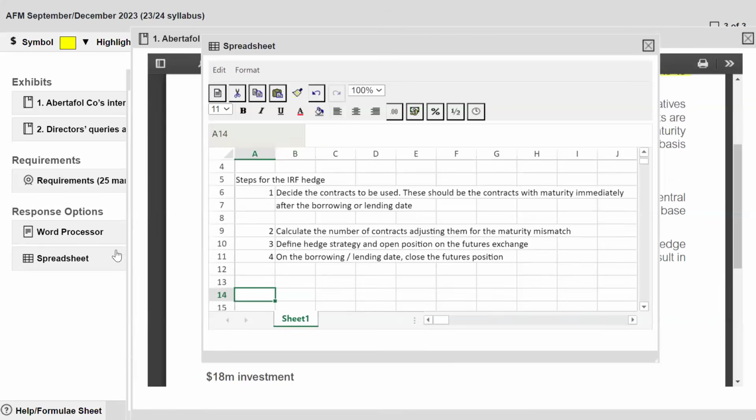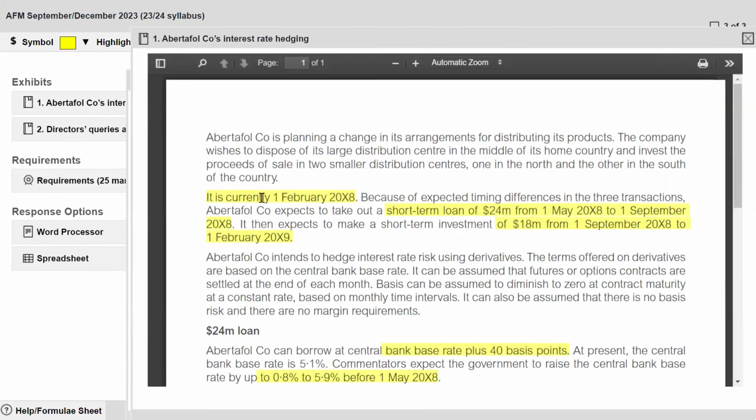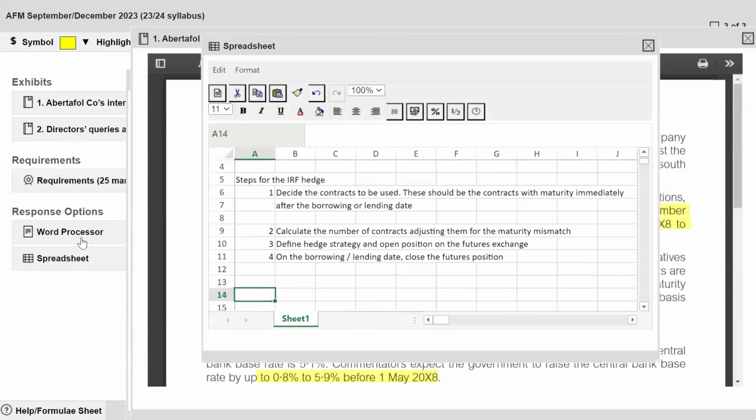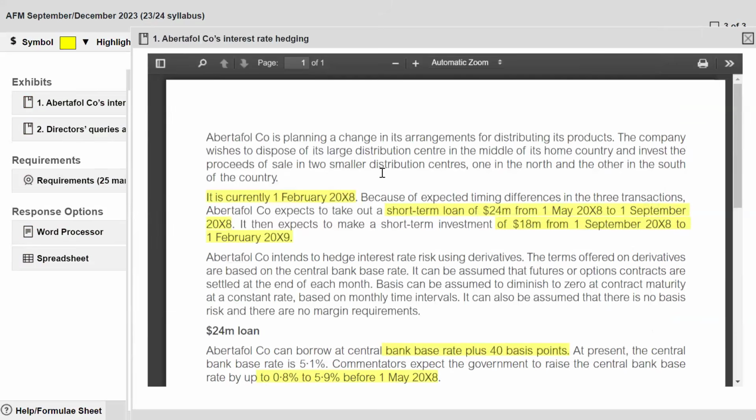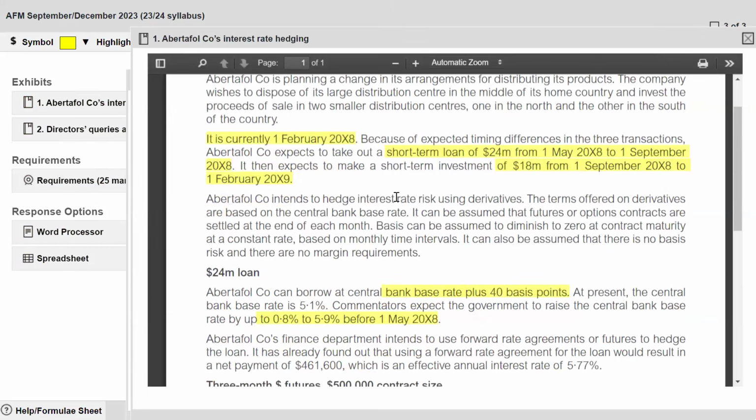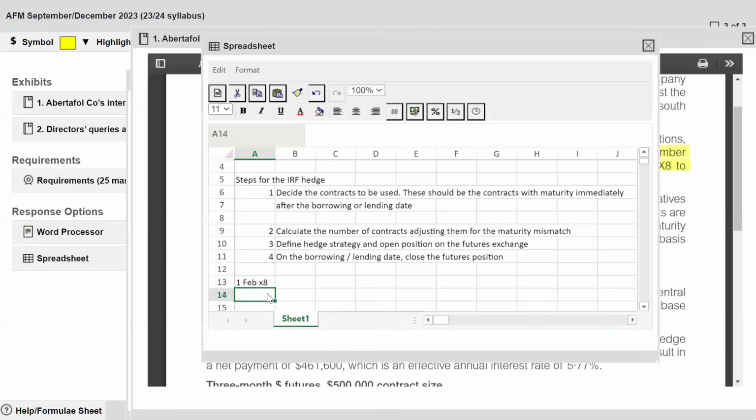So in this case, we were being given the date. It was 1st February 2008. On 1st February 2008, what are you actually going to do? You need to have a short-term loan of $25 million from 1st May to 1st September 2008. Construct the hedge.